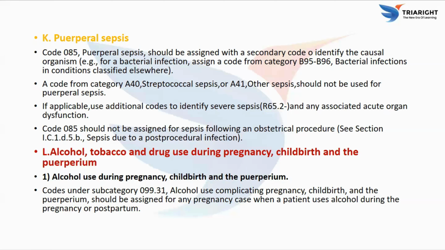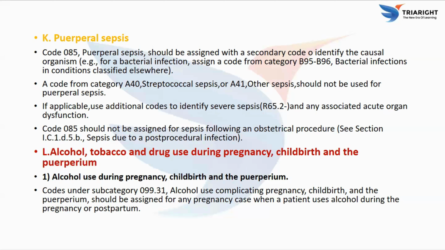The next rule is if severe sepsis is present, you have to add code R65.2. If the mother has organ failure, a very severe infection, then you have to add a code from the R65.2 category to show the seriousness of the condition. For example, O85 plus R65.21, severe sepsis with septic shock.